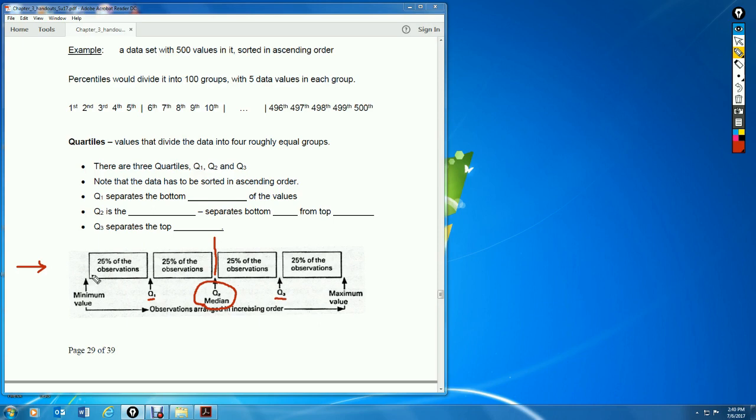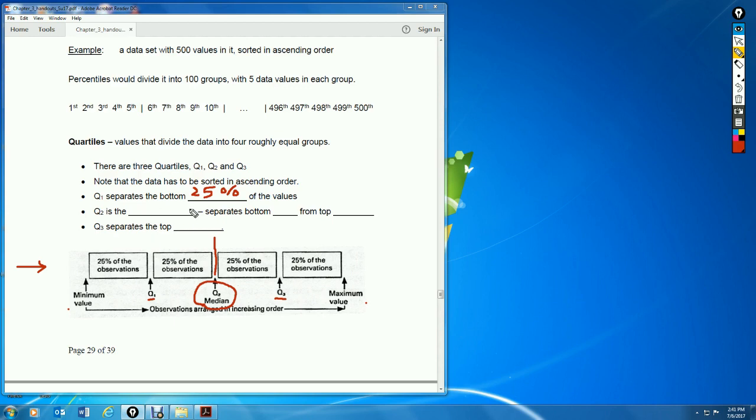So again, these are sorted in order. You've got the smallest value down here. Everything is arranged in increasing order. You've got the biggest value here. Okay? So the data has to be sorted in ascending order. Q1, the first quartile, separates the bottom 25% of the data values. Okay?